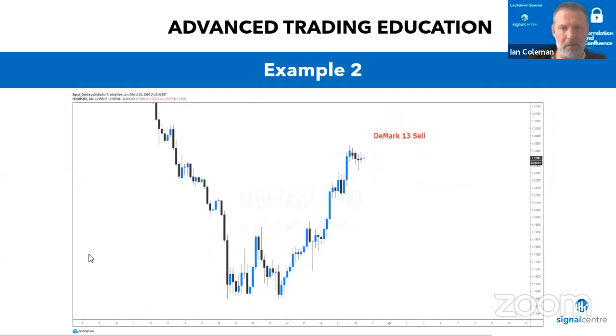And then what have I got in sterling dollar? Well, this is a 4-hour chart, but I've got an exhaustion count to sell it. So already I've got two factors here. I've got sterling lower and euro higher. So really I only need one more factor, because we're using a bias, and the more we can get a bias, the stronger the signal, as far as I'm concerned.